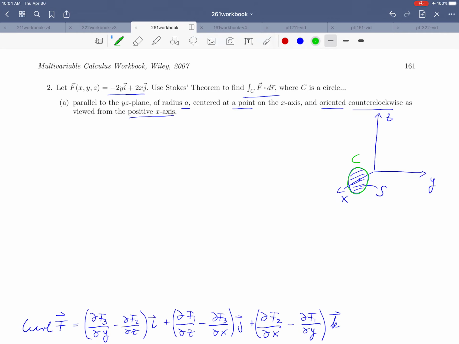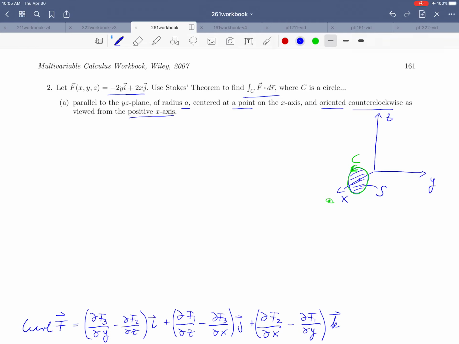So imagine we are looking down from over here. This is my eye, looking down the x-axis, and I see counterclockwise motion. That gives us this orientation right here, moving around counterclockwise. And this is going to be important in a minute.